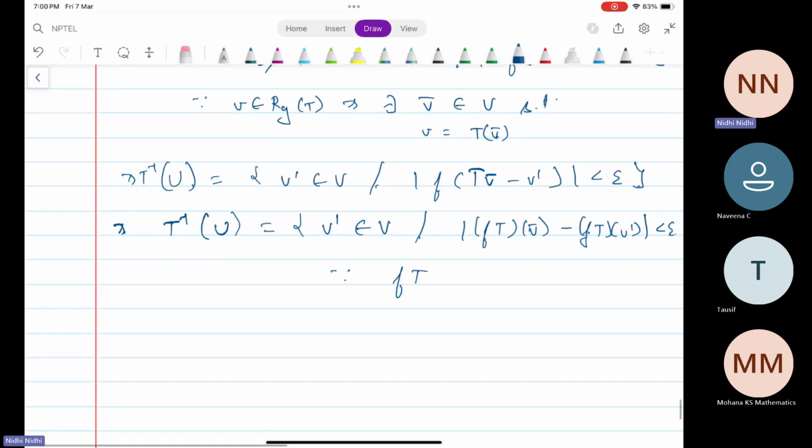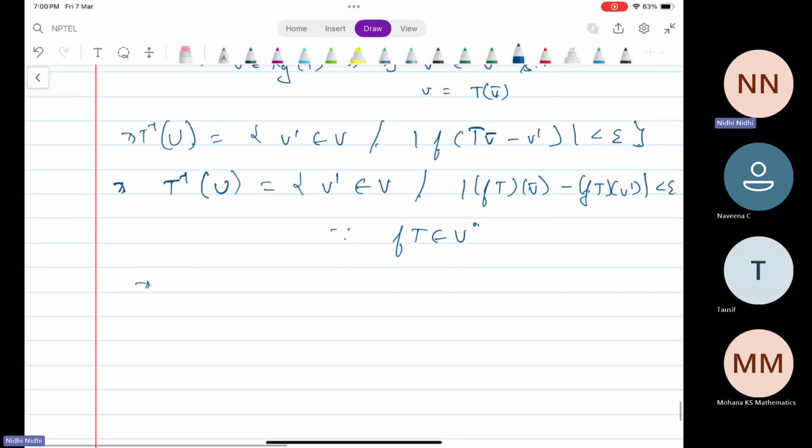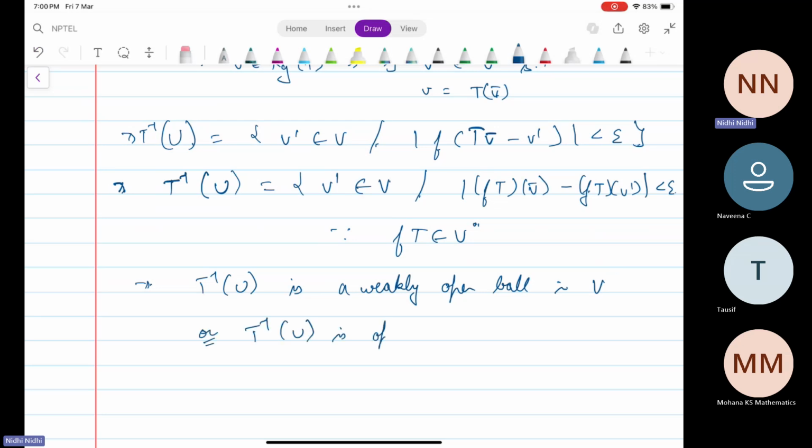And since f composed with T belongs to V star, this implies T inverse U is a weakly open ball in V. That means T inverse U is open in V weak. This gives us that T from V weak to V weak is continuous.